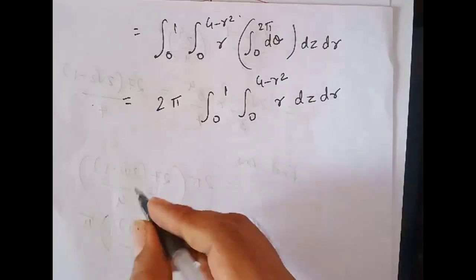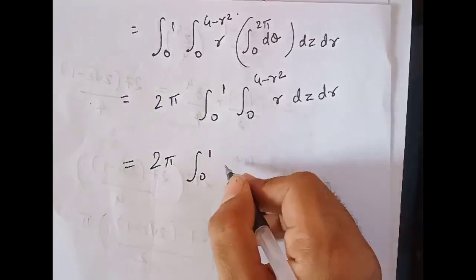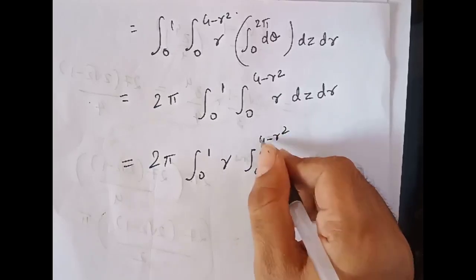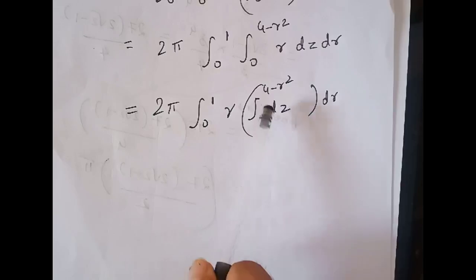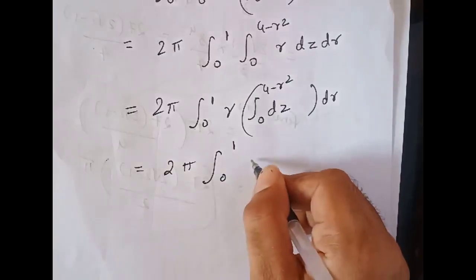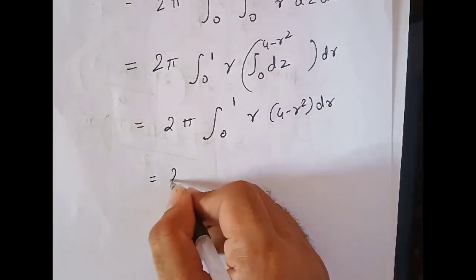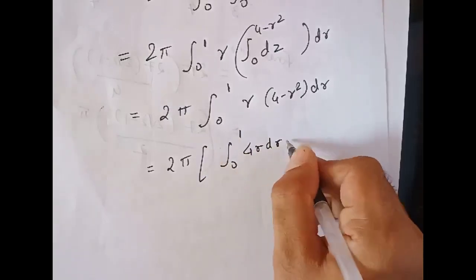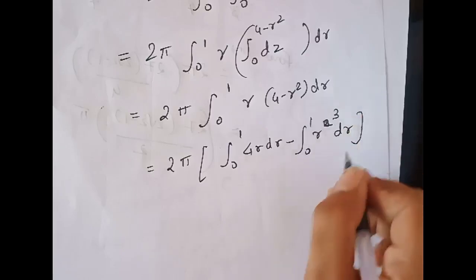So now r is a constant for z, so it will reduce to 2 pi, 0 to 1, and r as it is, integration 0 to 4 minus r square dz dr. So if we evaluate this integral, it will be z, then upper limit minus lower limit. So finally we can write it as 0 to 1, r times 4 minus r square dr, and finally it is 2 pi, integration 0 to 1 of 4r dr minus integration 0 to 1 of r cube dr, right?